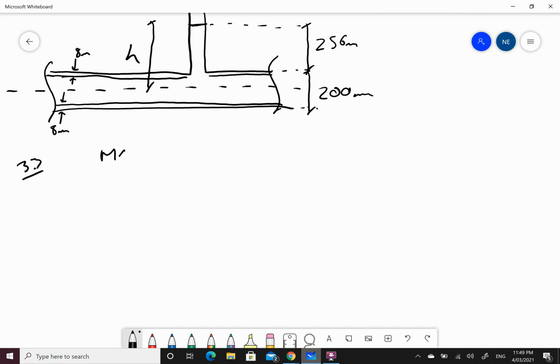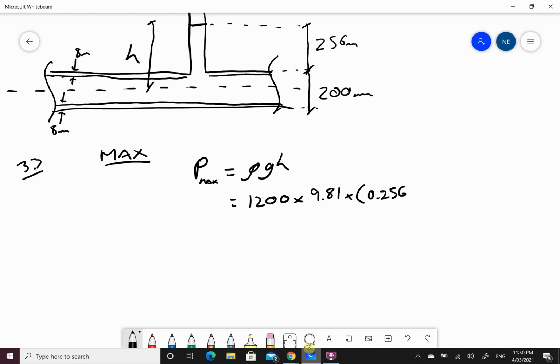So for the max, the max pressure is down the bottom, on this bottom wall of the pipe. So P max is equal to rho g h. So back here with the same density, obviously it's the same fluid, 9.81 times, well, I've got 0.256 gets me to here. 200 gets me to the outer wall.